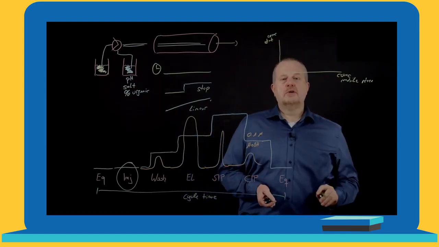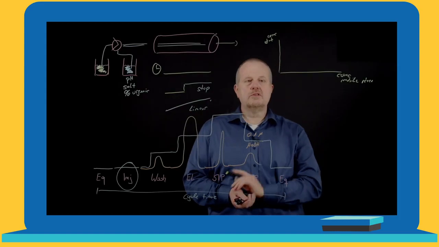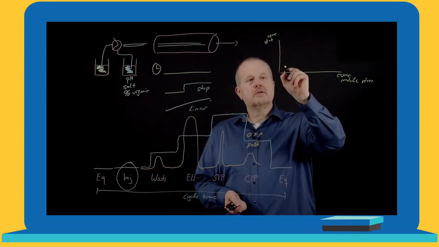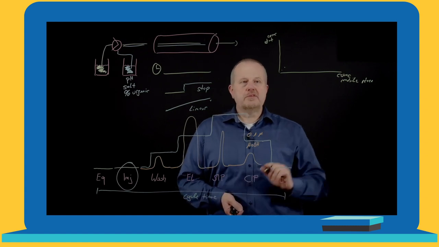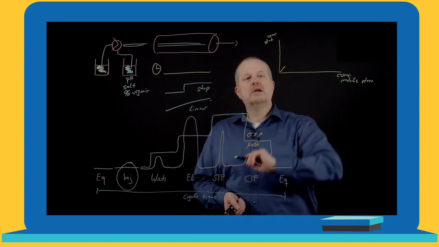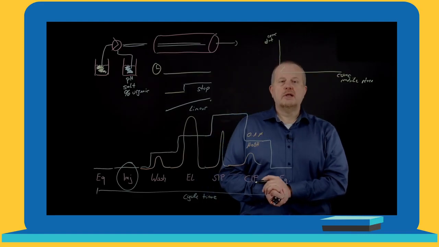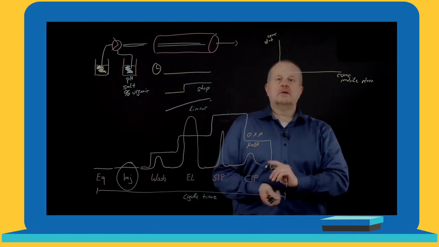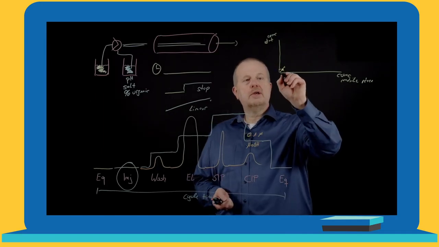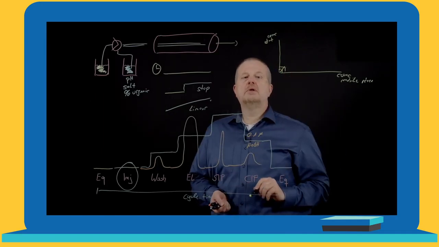If we have low concentrations in the mobile phase, everything which is in the mobile phase is adsorbed on the stationary phase, and we have a linear increase here in what is bound to the stationary phase. This is called the linear range of the adsorption isotherm.